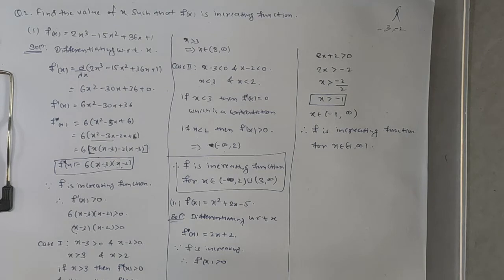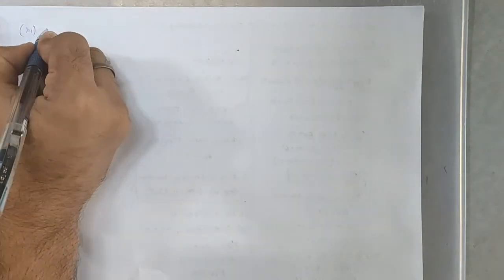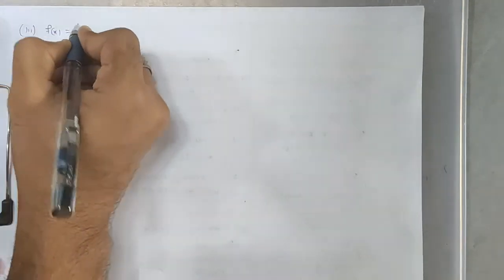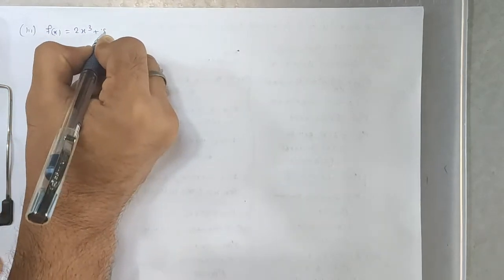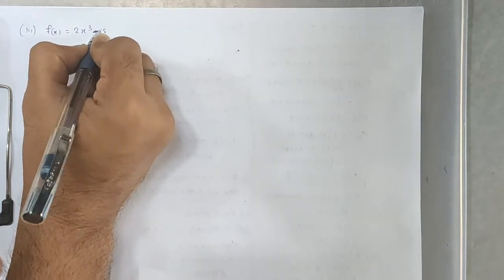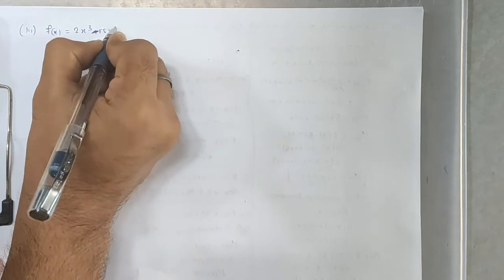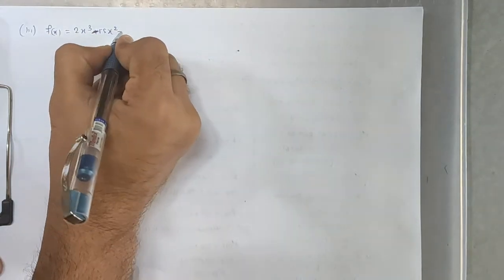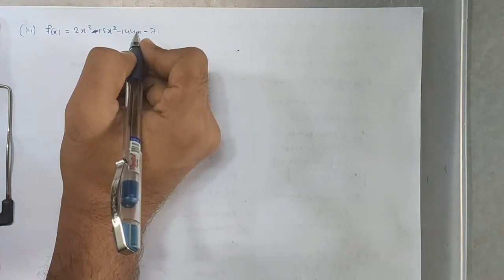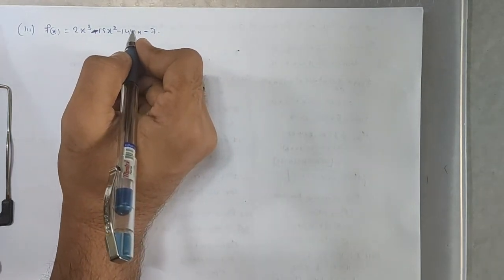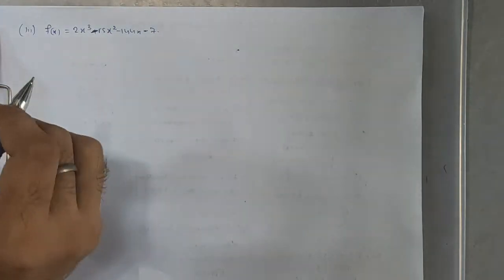Okay, now we will do the third sub question. So the third sub question of question number 2: f of x is equal to 2x cube minus 15x square minus 144x minus 7. Now again we have to find the values of x such that f is an increasing function.